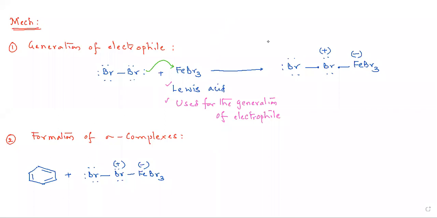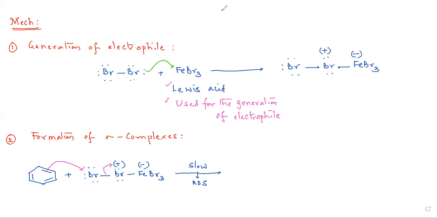See, in this step, which is of course a slow step, nothing but the rate determining step. This one attacks the bromine. Of course, this bromine will now become Br plus. That is your electrophile. Then immediately this bond goes to the positive charge, right?